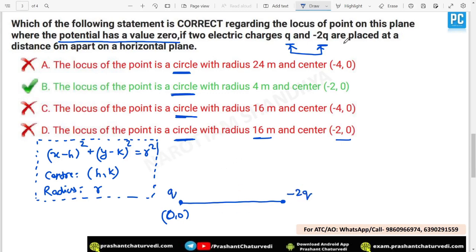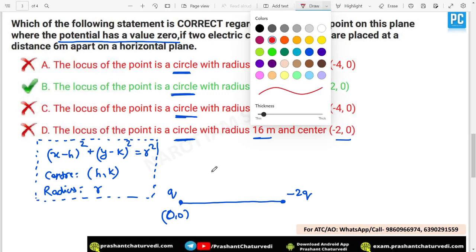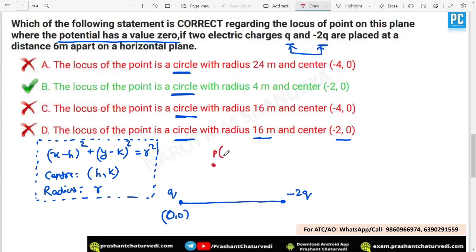Okay, and suppose any point is there, suppose this is point P, and it has coordinates x comma y. Because we represent the locus in the same format, the coordinates we consider are x and y. One extra thing you have to consider: the height from the origin will be y, and this particular distance from the origin will be x, then this will become 6 minus x, because the total was 6 meters.